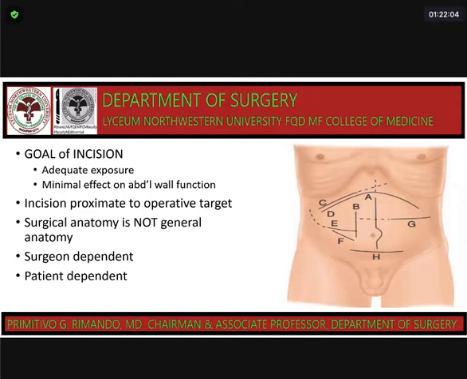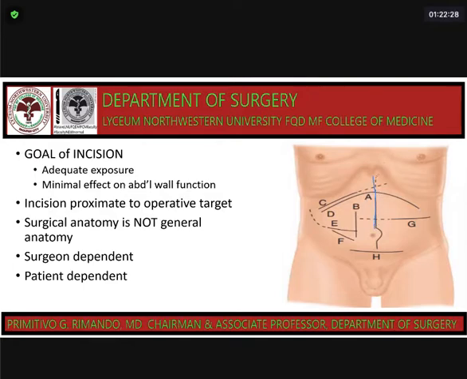Or what if you already have a patient who had an explore lap before and again needs an explore lap? So, for example, this patient underwent an explore lap, and this is his incision.